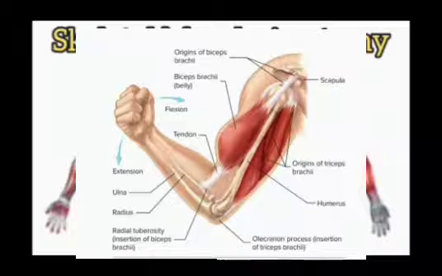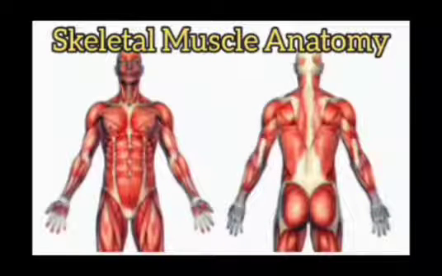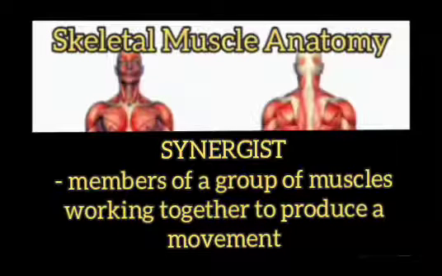Most joints in the body have agonist and antagonist groups or pairs. So muscles also tend to function in groups to accomplish specific movements. Members of a group of muscles working together to produce a movement are called synergists. So, synergists, right? One movement.